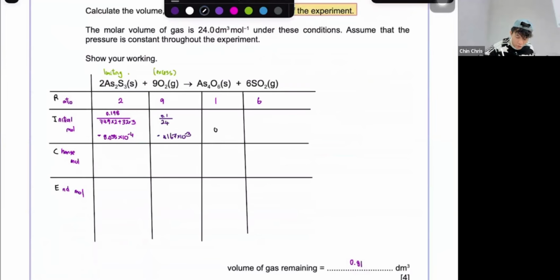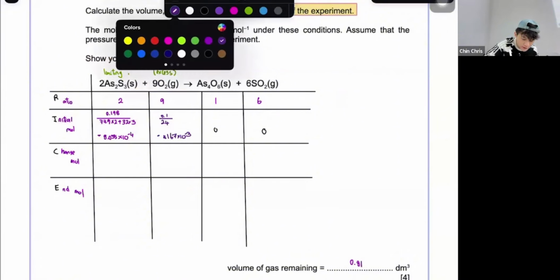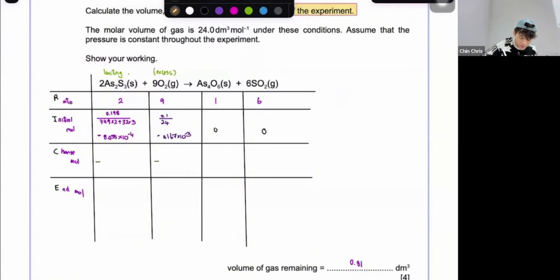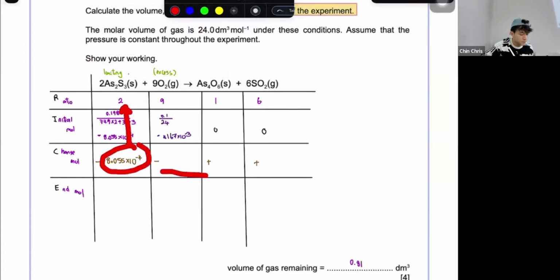Initially, you have no product, you have no SO2, correct or not? Am I right? Clear? Okay, guys, which one is the limiting? This is limiting, right? So always remember my reactant is minus, product is a plus. Guys, this is representing ratio 2. How to find ratio 9?